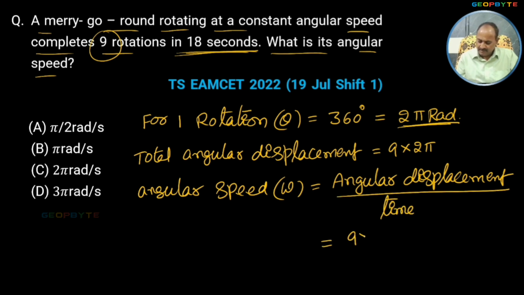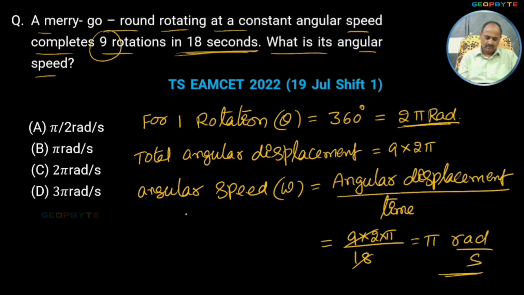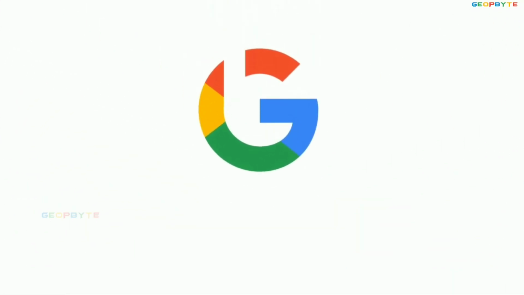Angular displacement 9 into 2 into pi, divided by time taken, 18 seconds. 18 cancel. Pi radians per second. That is the angular speed of the merry-go-round. Pi radians per second. Look at option B. Option B is absolutely correct. Understood clearly?